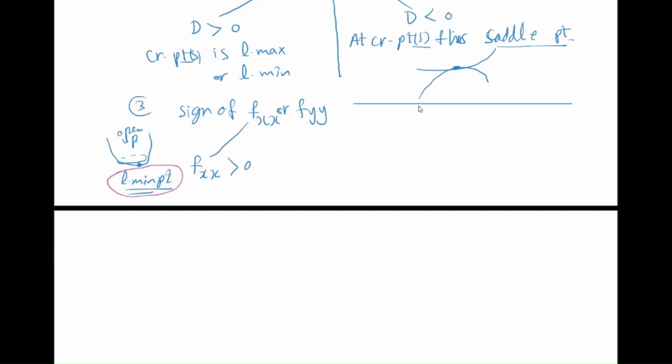What else? The other way as well. If fxx is less than 0, this means the curve or the surface in calculus 3 is open down.